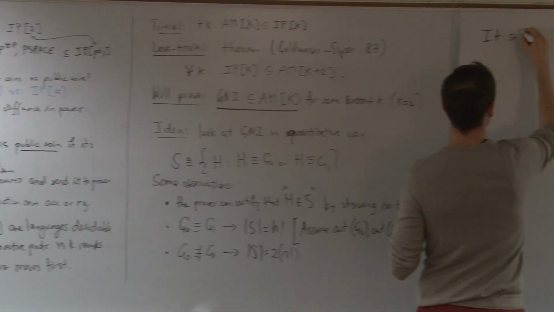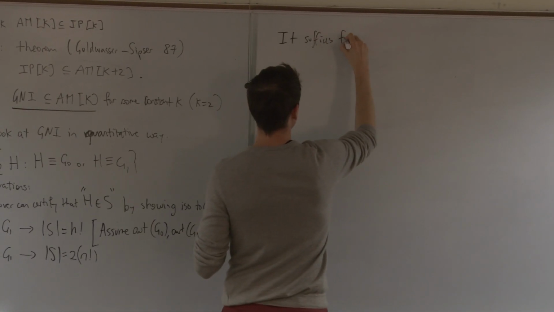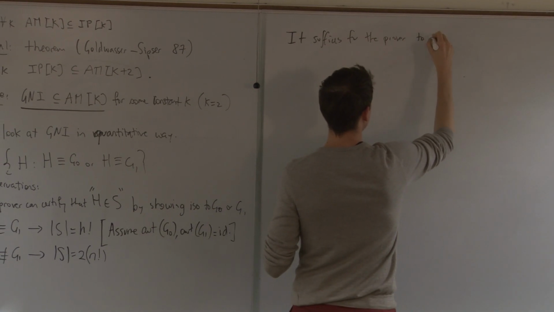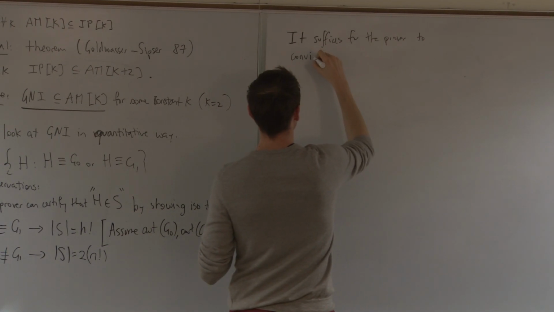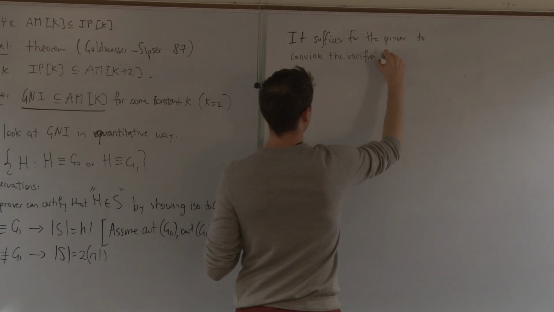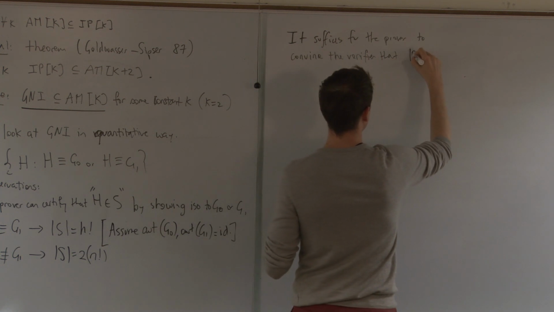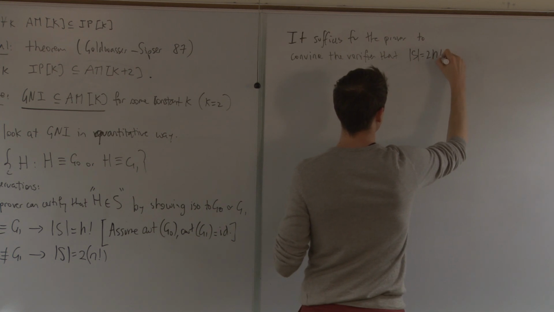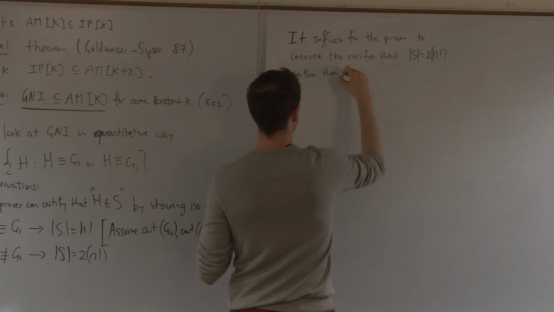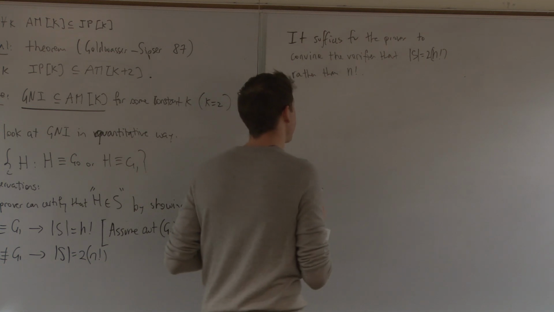It suffices for the prover to convince the verifier that S has size 2 times n factorial rather than n factorial.